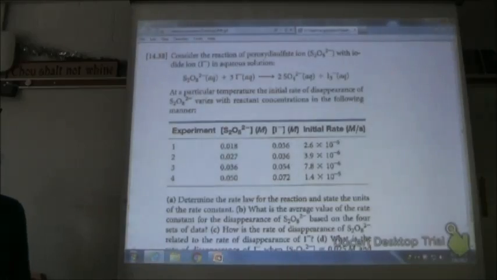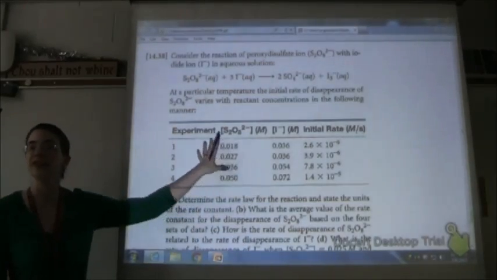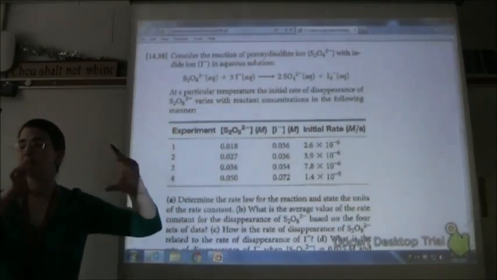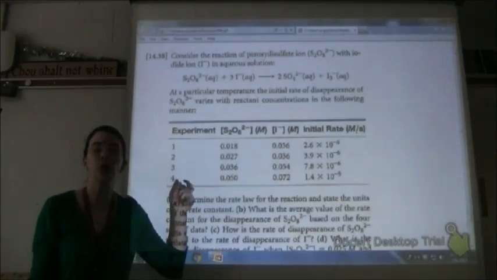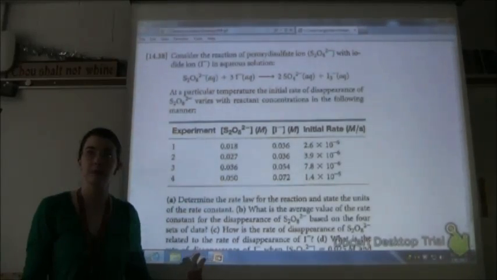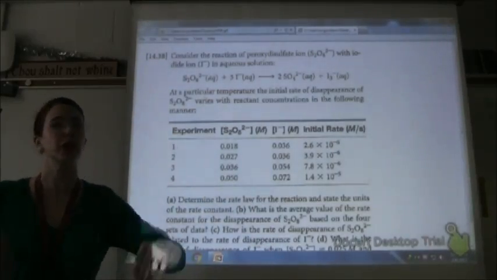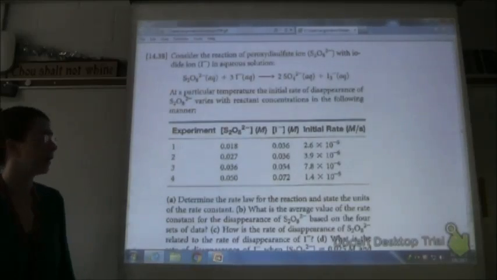All right. Now, before I start this, okay, this is another very similar situation. You know, we have this chart of data. We're going to come up with a rate law. There's a little twist to this question, which is why I want to do it with you, so that you don't go home and you get to this problem and you're super confused and throw your hands up and, you know, rage quit and flip the table over. That would be terrible. Okay?